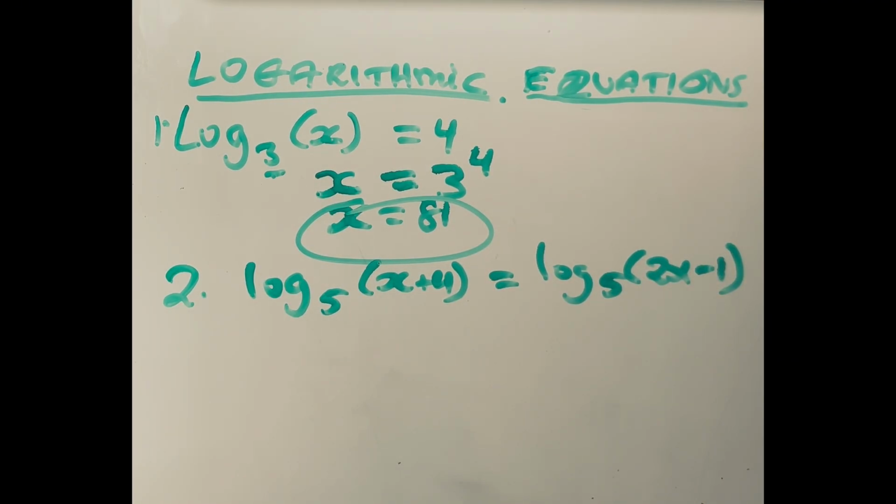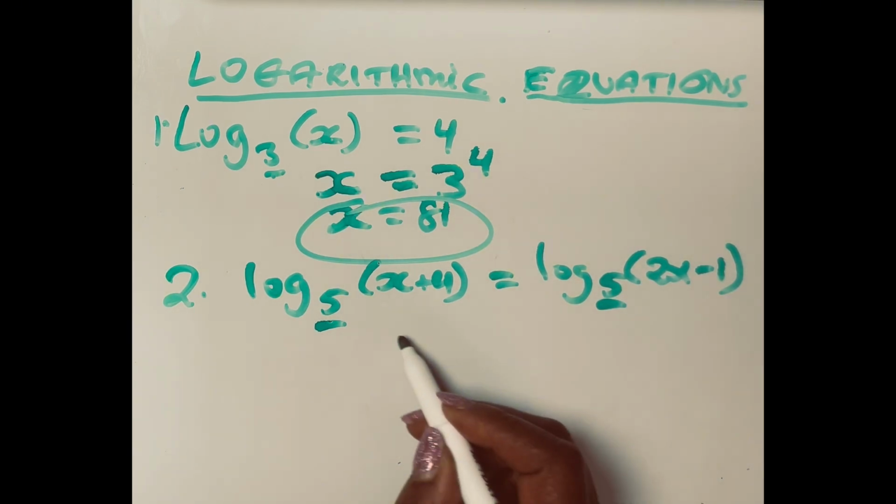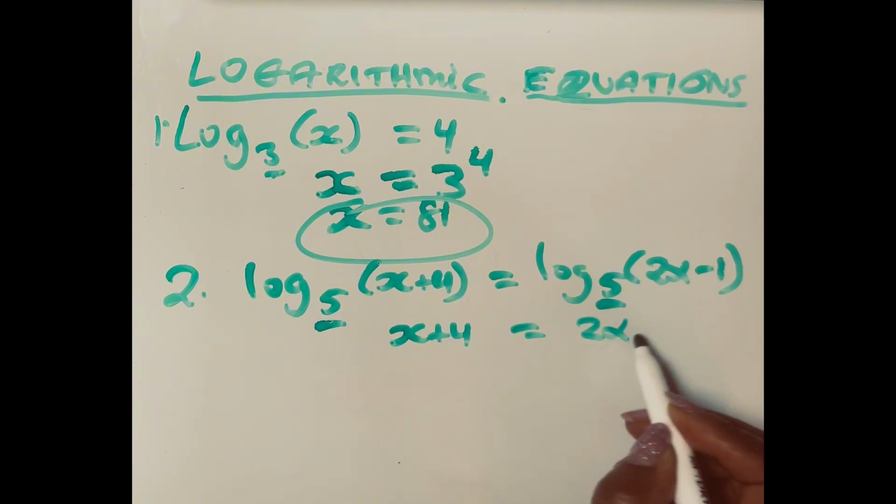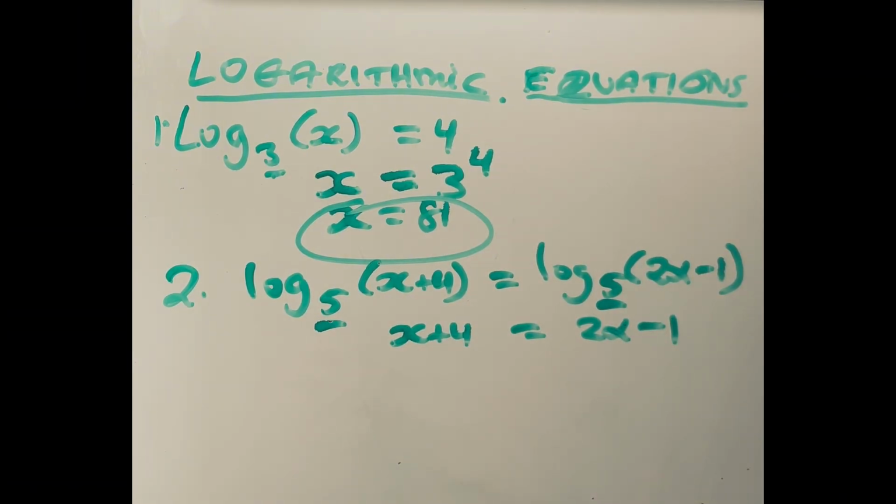The first step is that if the bases are the same and the logs are equal, since they both have a base of 5, we can set whatever is in parentheses equal to each other. So in this case, we're going to say x plus 4 is equal to 2x minus 1.